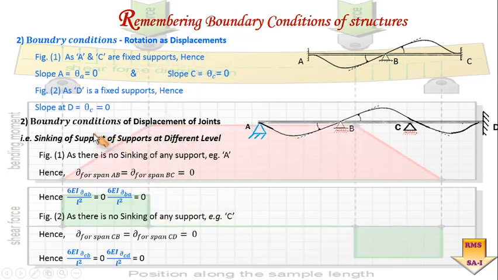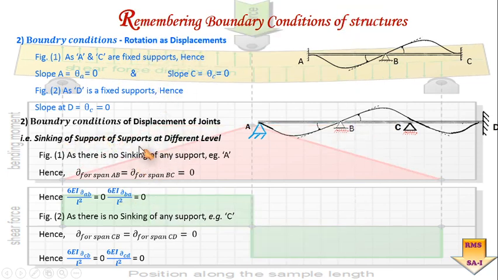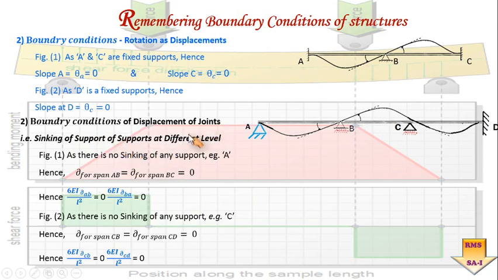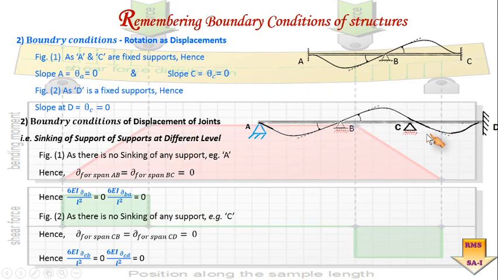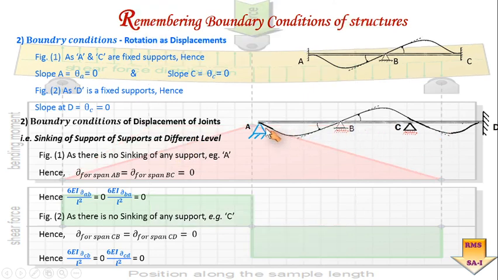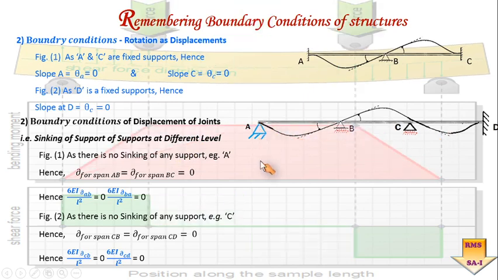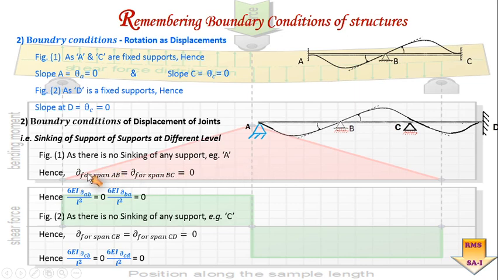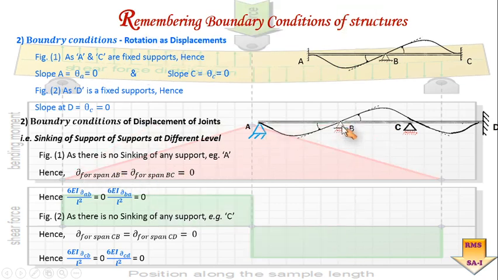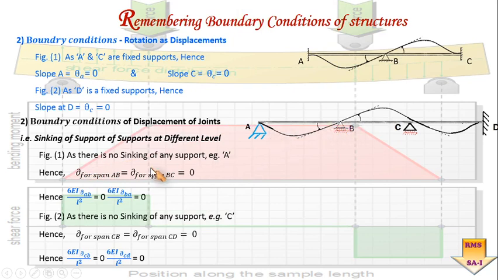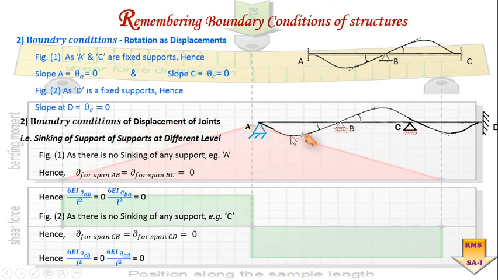Now second, let us understand displacement in terms of the level difference or the sinking of the support. Here in this case, if joint A is not going to sink downward, that means delta for span AB or span BA should be equal to 0.